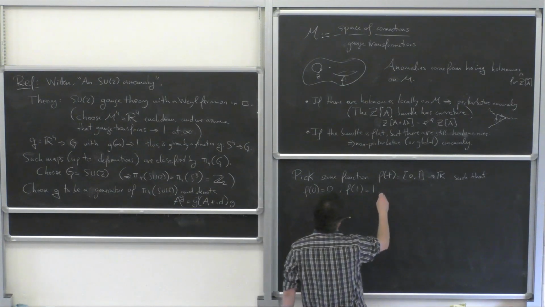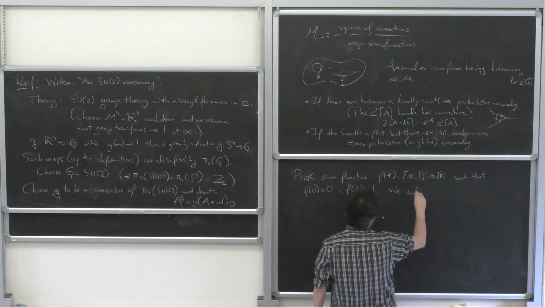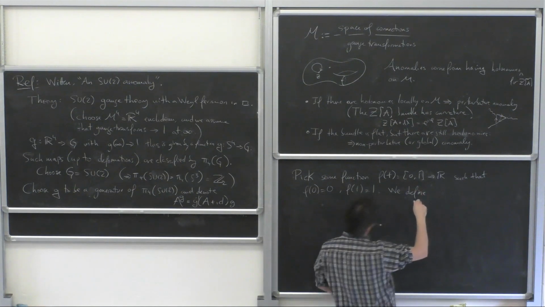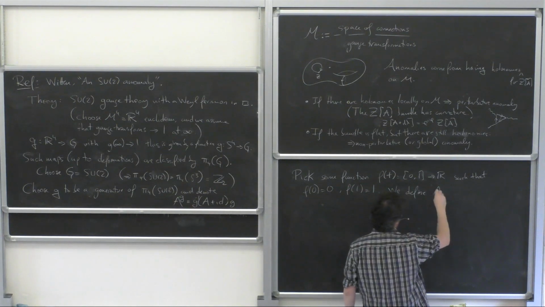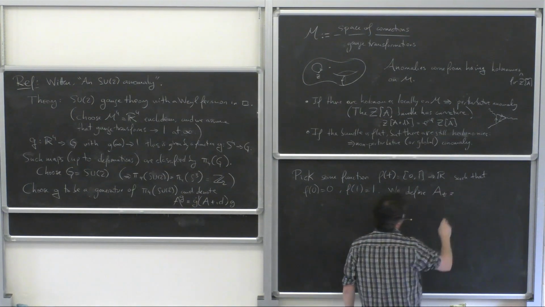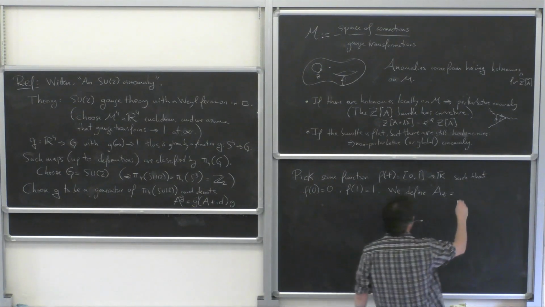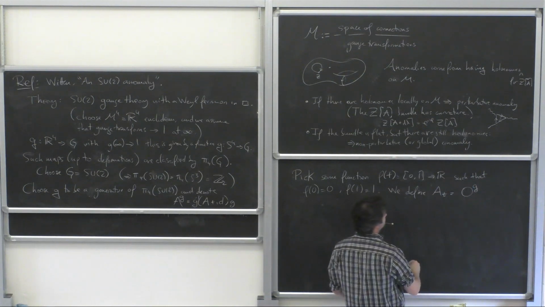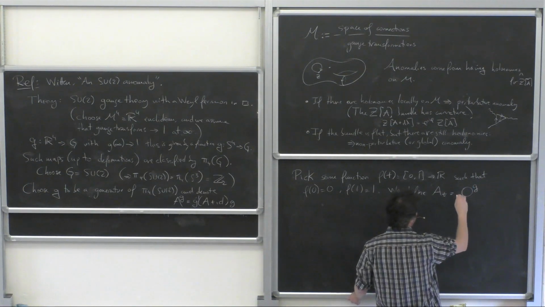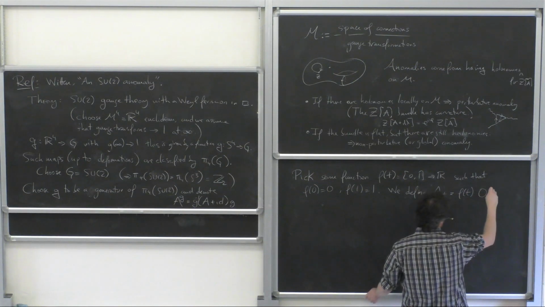So to define the loop, we define my set of points in M to be A_t, which is formally f of t times the gauge transform of A_0.